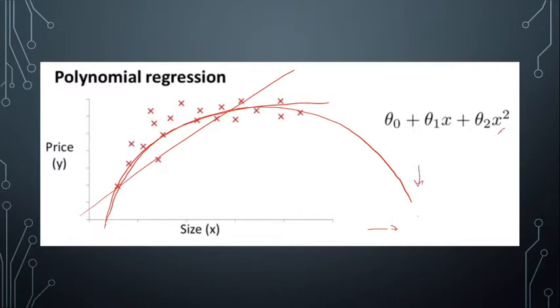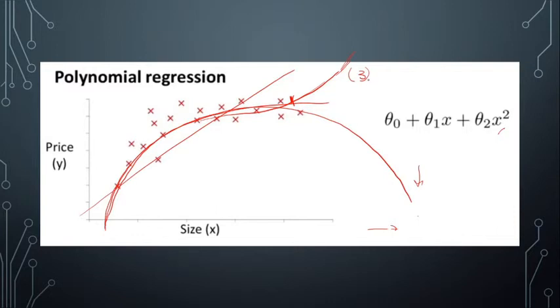So quadratic might be of little importance in this case, and then you'll hope to get a different model. For example, this is the cubic model, in which you'll have the degree of 3, but it's overshooting at this place. It simply goes up really quickly, and it's really absurd that the size is increasing normally, but the prices are overshooting. So maybe the third degree is also not that good.